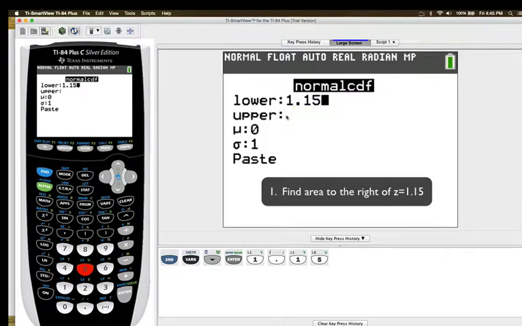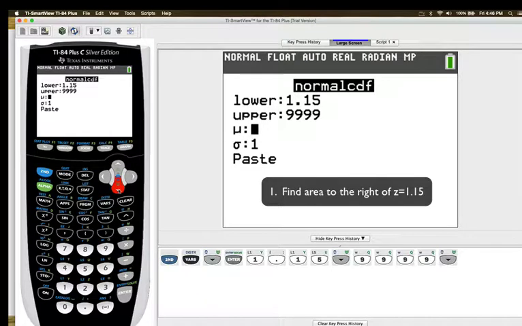My upper bound, we scroll down, and for the upper bound we're using 9,999 as our most right endpoint. The calculator has those values built in, but I'm always using those here, and that seems easier. It's just for rounding purposes, since the calculator doesn't have infinity, we're just going to a really high number.